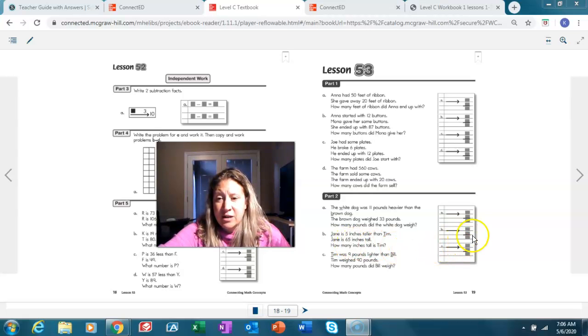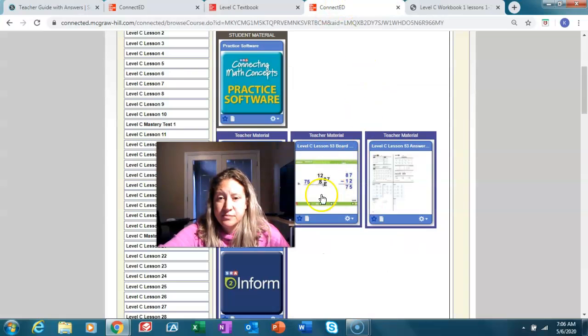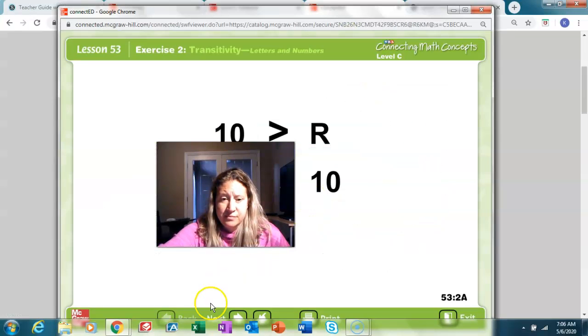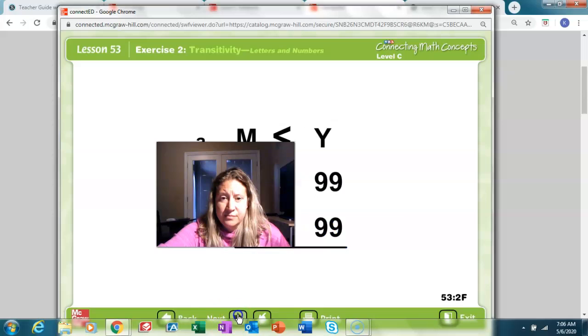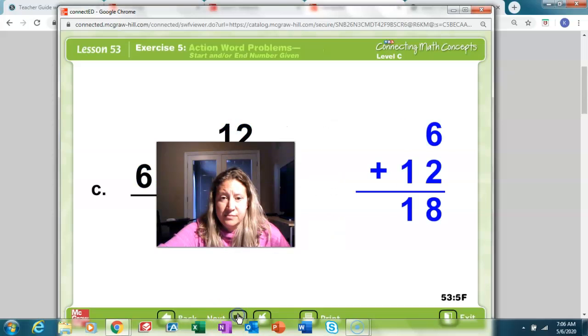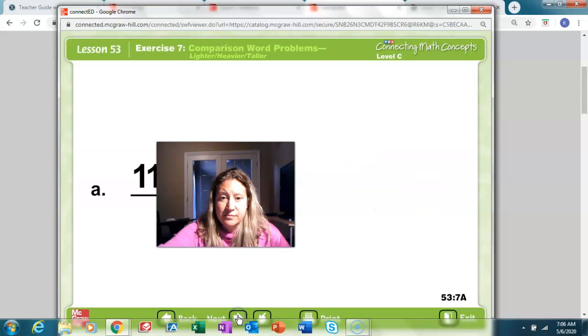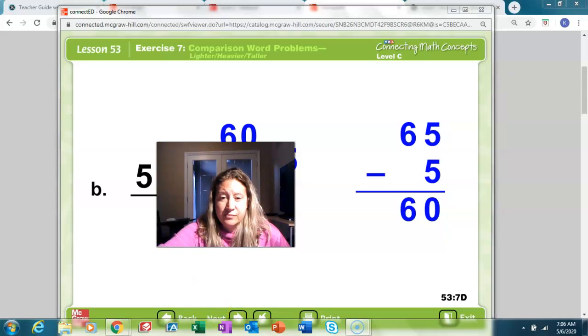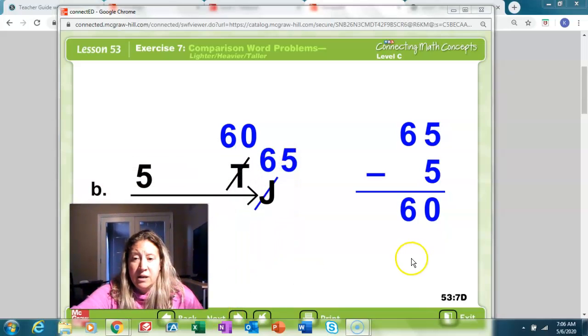And then you can go ahead and write down your problem and work it. And did you guys get 60 for T? Good job. Okay, we have one more problem here that we're going to work.